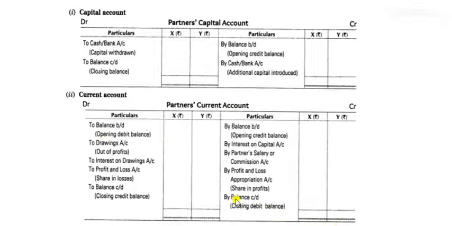Lastly, by balance CD, a credit balance should come over here, but if there is a debit balance, then it will come over here. See this as an X. Opening credit balance will come over here, opening debit balance will come over here. Okay.